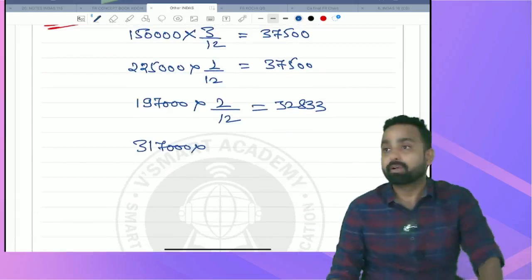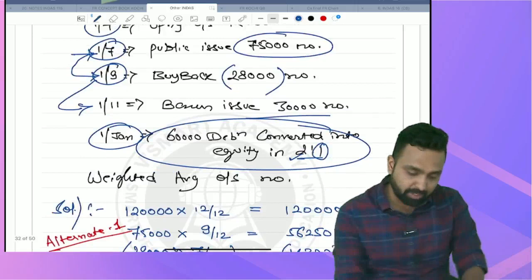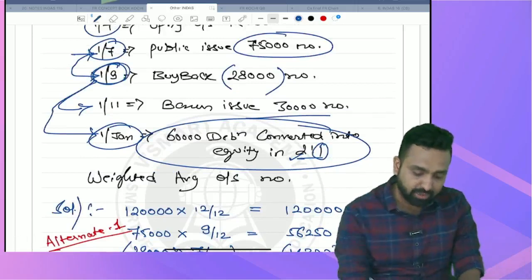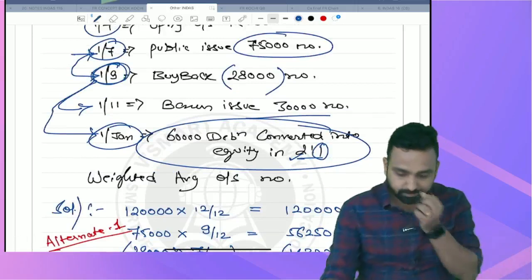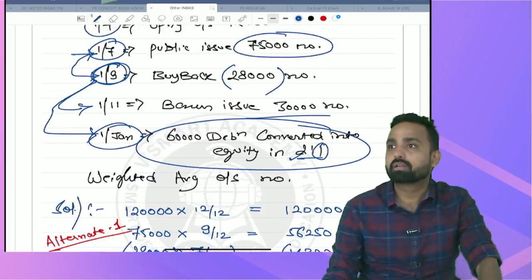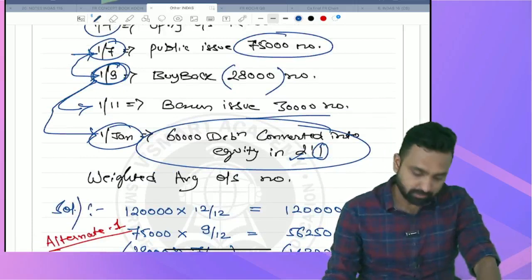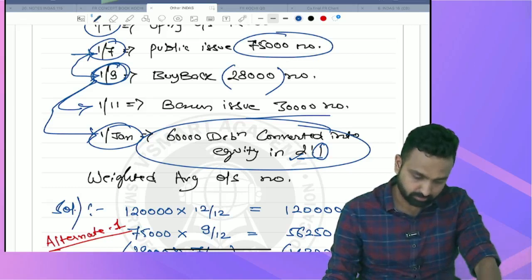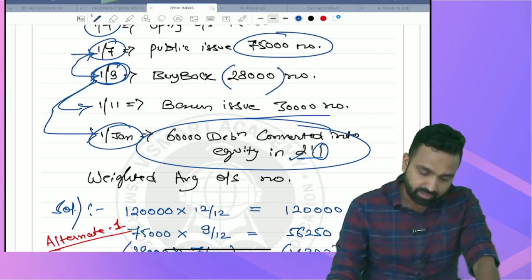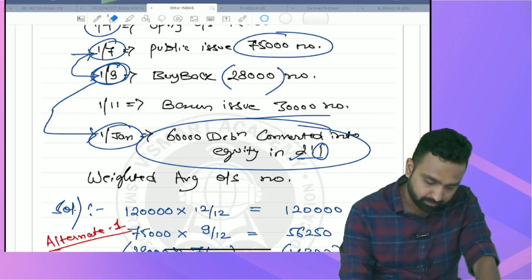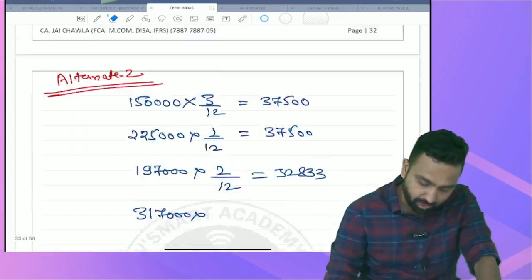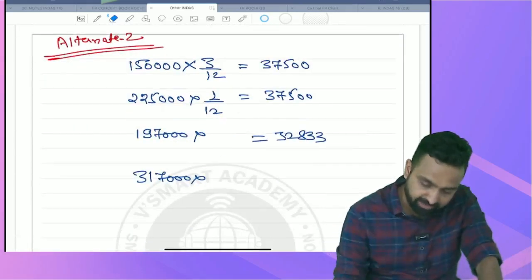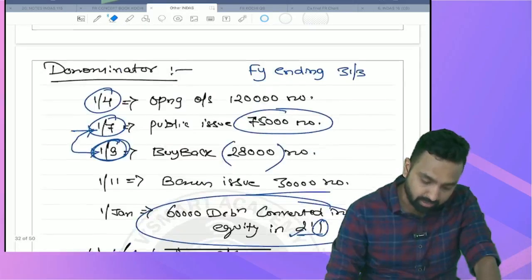317 multiply by, the last date was September. Wait a minute. We did buyback now. What about the buyback?